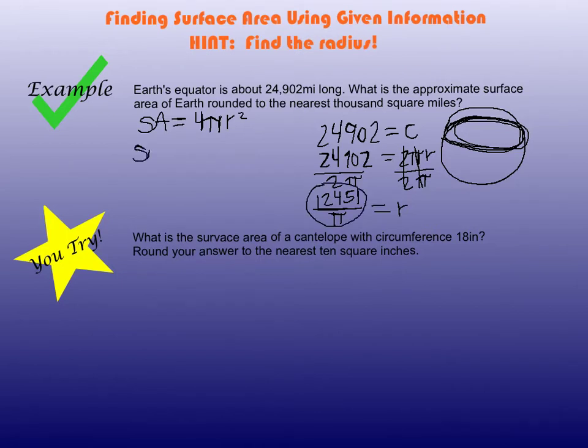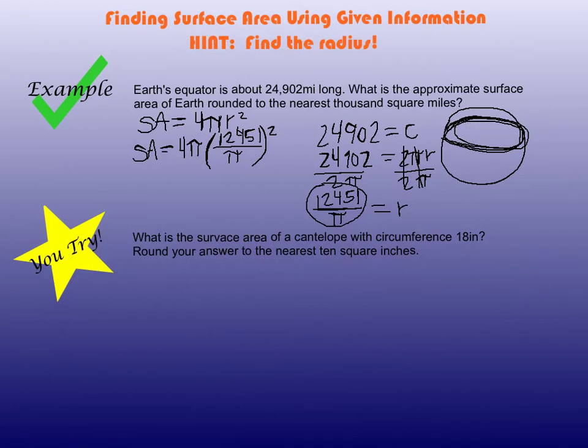So surface area is equal to 4 pi times 12,451 divided by pi, and that's being squared. So I'm going to plug all this into my calculator, and I'm going to round it to the nearest 1,000 square miles.